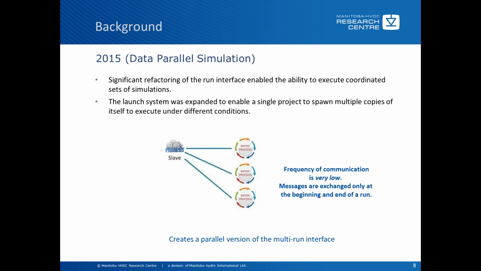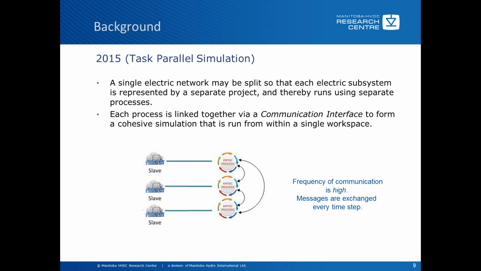So this is the data parallelism that I was explaining. Then more recently, we started to interconnect the individual simulations with extra communication lines. The idea is that now the individual simulations could talk to one another, so they could work cooperatively in a single larger simulation.